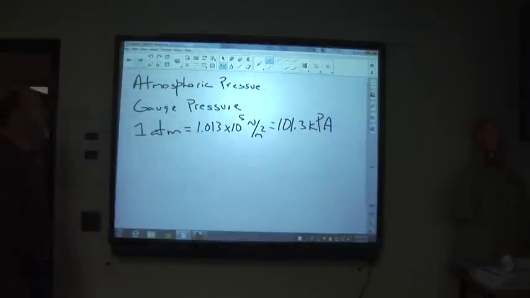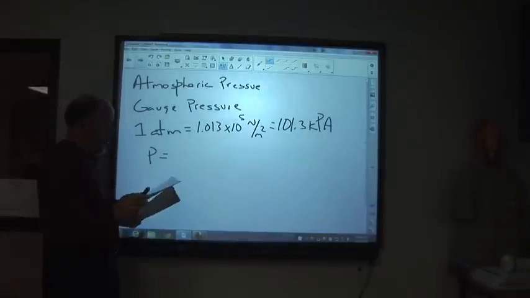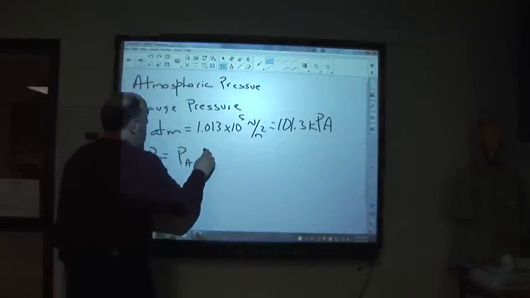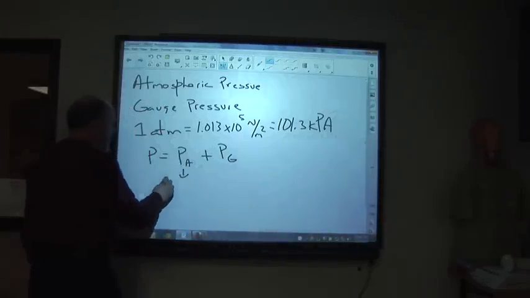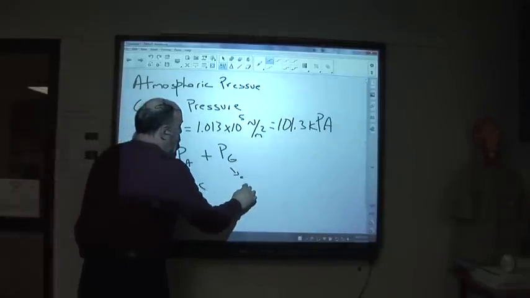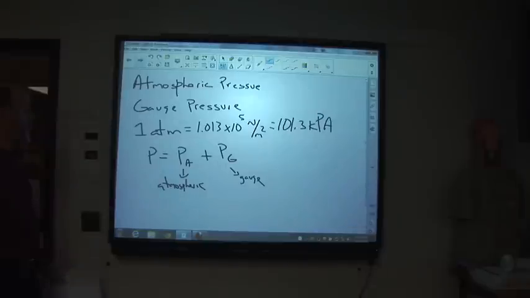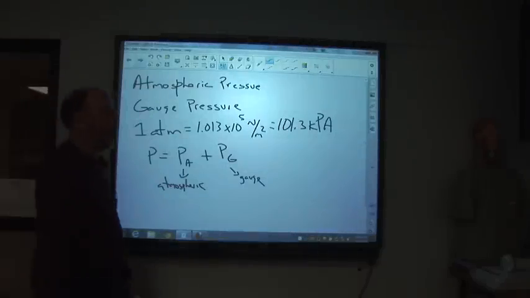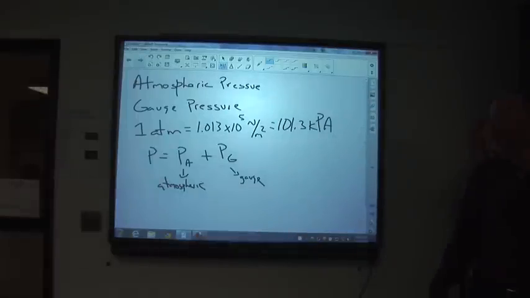The proper units in physics for the pressure of a gas are pascals. The total pressure is the atmospheric pressure plus the gauge pressure. So if we know the pressure on a gauge, like in your tires, and you know the pressure outside, you get the total pressure being felt.